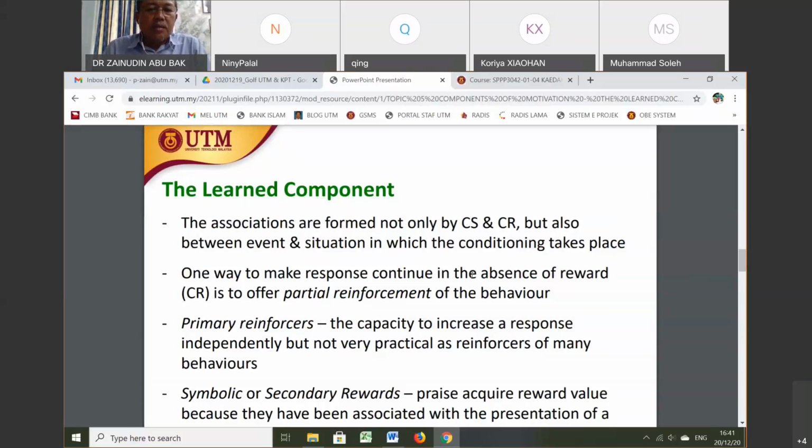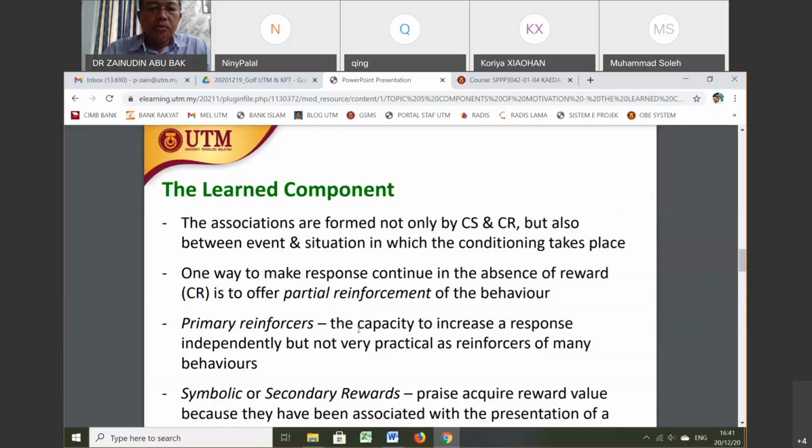I advise you to look back at these concepts, okay? Punishment, reinforcement, stimulus and response, and how those are connected in motivating individuals in their learning activities. Now, the words like primary reinforcers, symbolic or secondary rewards.